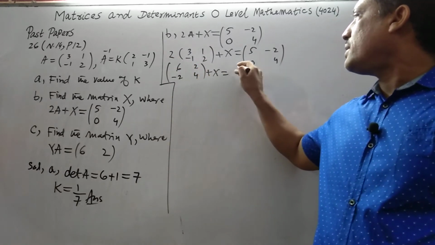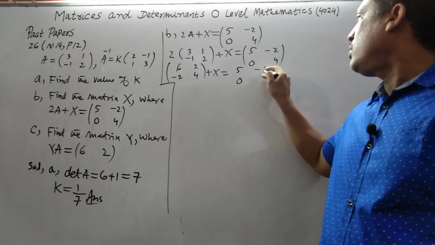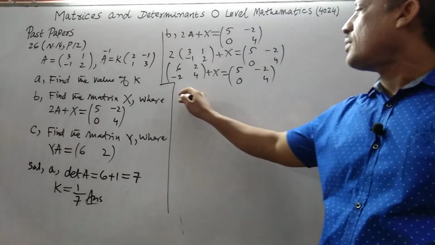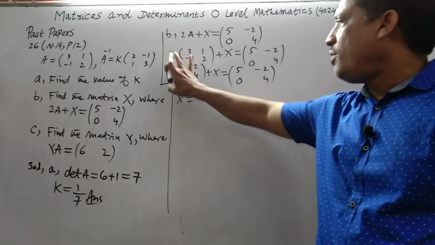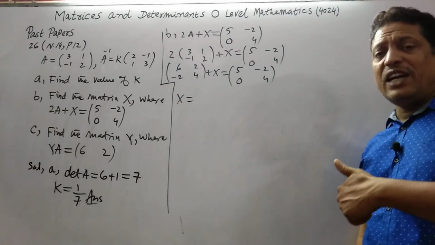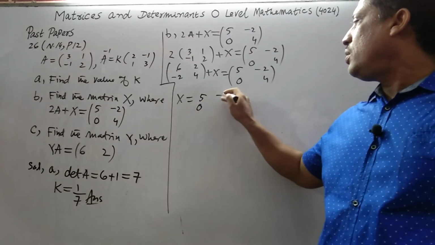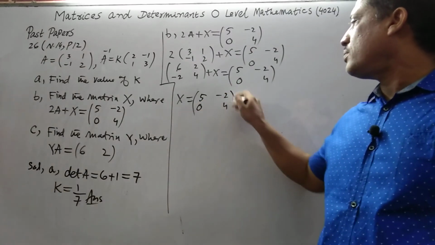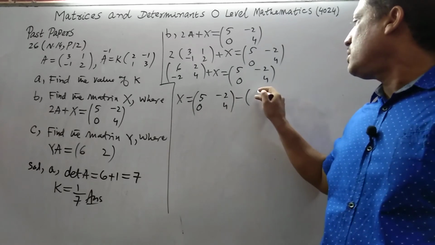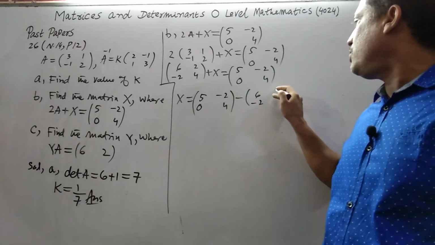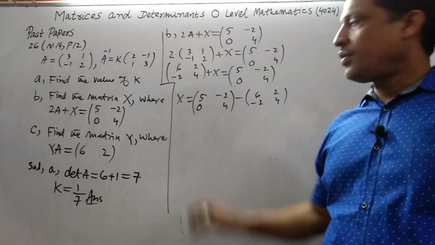Shift this whole matrix to the other side, it will become minus. So [5, 0; -2, 4] minus [6, -2; 2, 4].